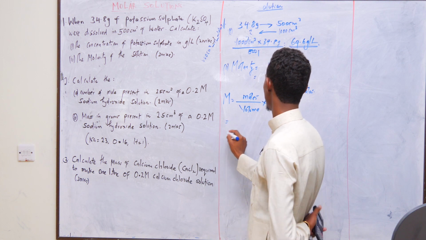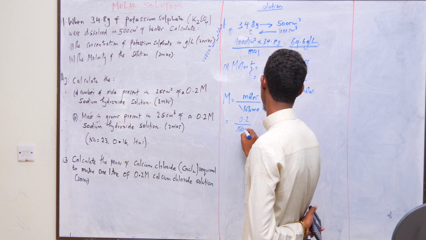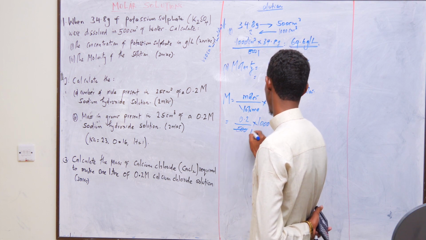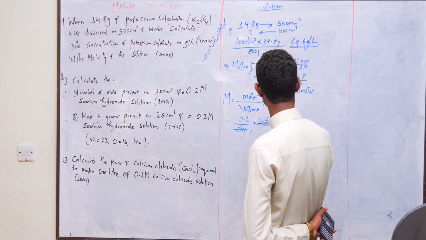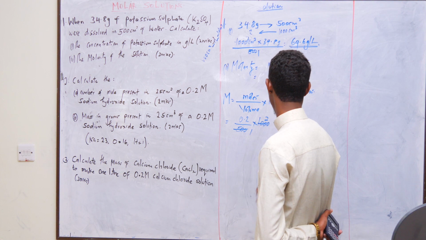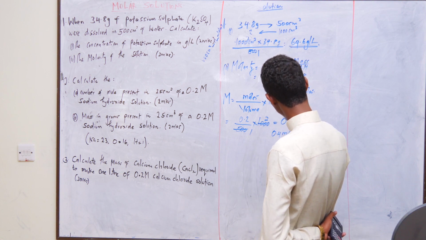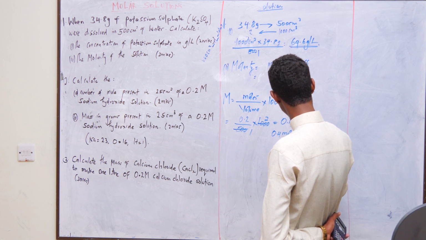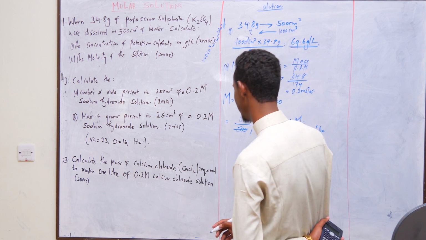Now it will be moles, which is 0.2, over volume, which is 500, times 1,000. Now it will be 0.4 molar, and that means we have 0.4 moles in 1 liter, and that is the meaning of 0.4 molarity.